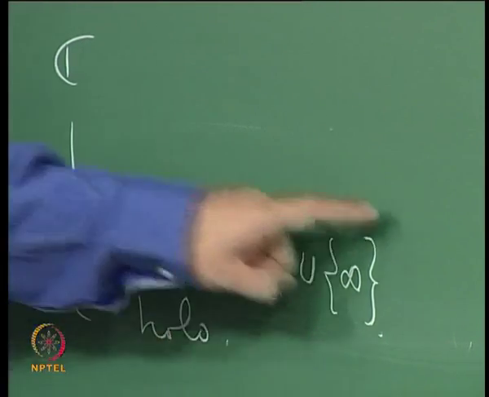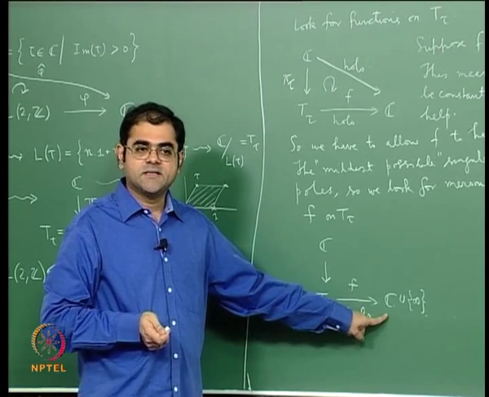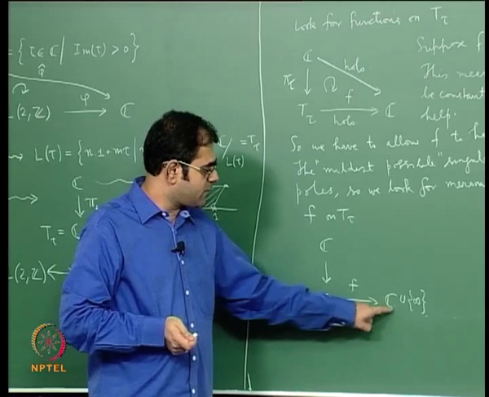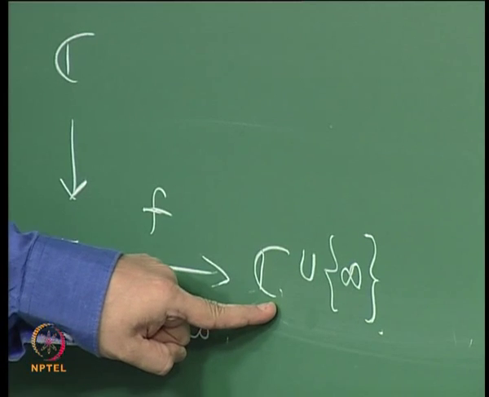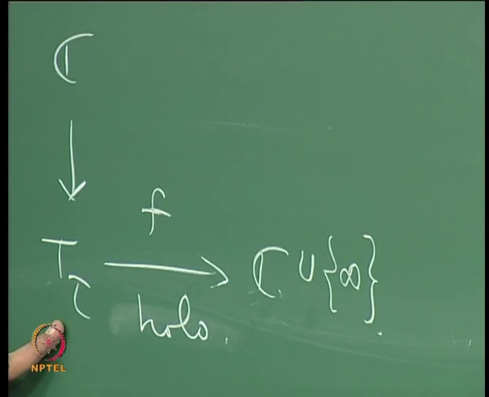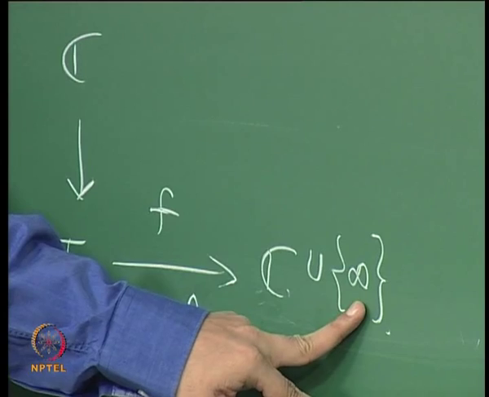C union infinity, the extended complex plane, is identified with the Riemann sphere by the stereographic projection. It is a Riemann surface, and a holomorphic map into that is the same as giving a meromorphic function otherwise. The poles will be all the inverse image of the point at infinity.